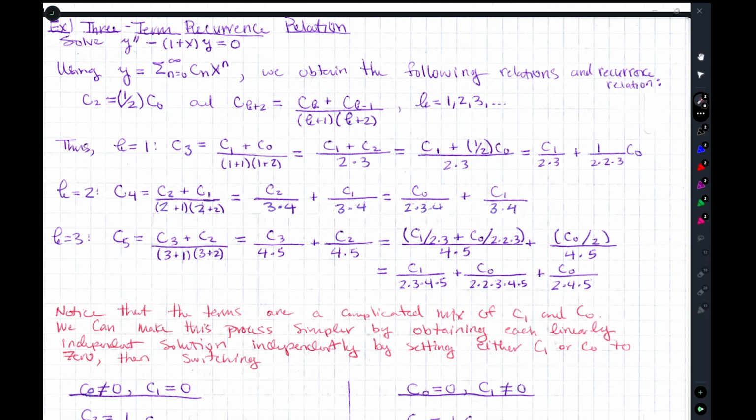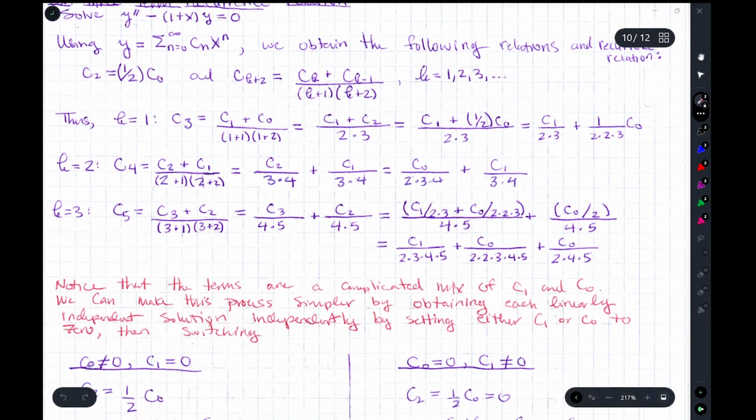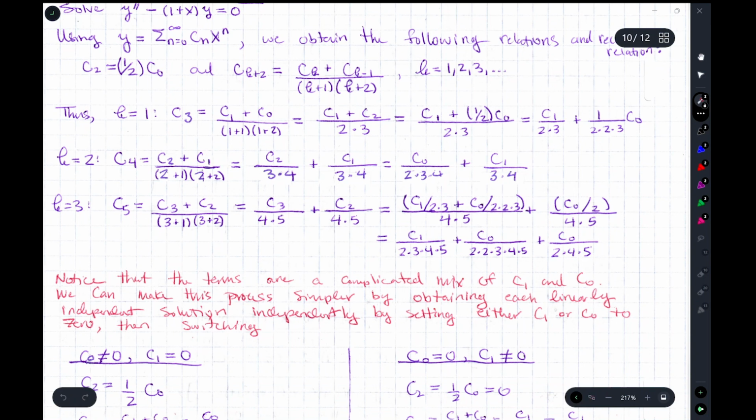So why don't we turn off all of the terms that are proportional to C1 while we compute the terms proportional to C naught? And why don't we turn off all the terms proportional to C naught when we compute the terms proportional to C1? That just makes things faster. Nothing wrong with the other way, but we can make things faster by doing what I just said.